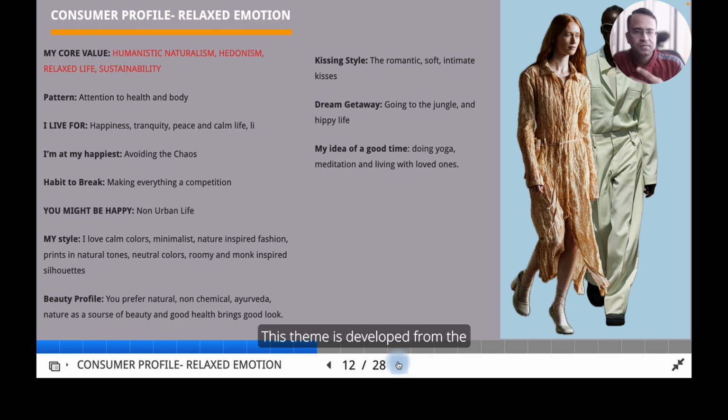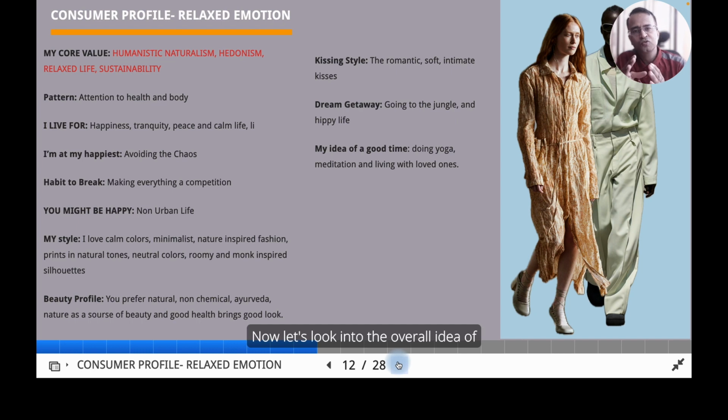This theme is developed from the consumer's choice for sustainable living, a relaxed life, a calm emotion, a tranquility in their life. They want to avoid chaotic situations. They want to have peace. They want to live in their solitude. So this is all about our consumer profile story.